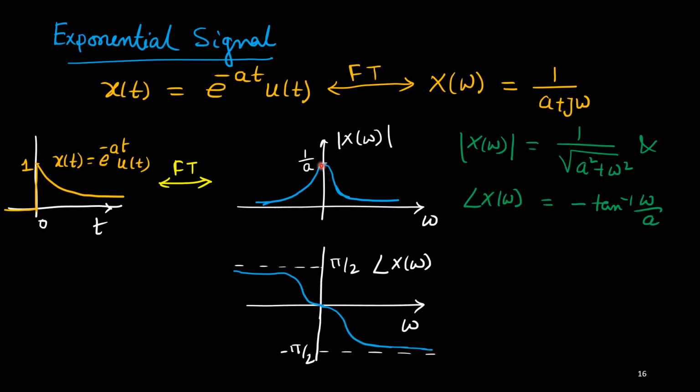And the phase goes from 0 to minus 90 degrees on the positive side, and on the negative side from 0 to plus 90 degrees, because at omega equal to infinity, tan inverse infinity becomes pi by 2. Thus at positive infinity it becomes minus pi by 2, and at negative infinity it becomes plus pi by 2.